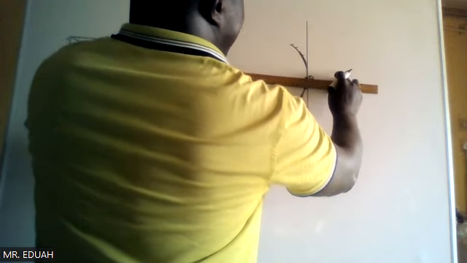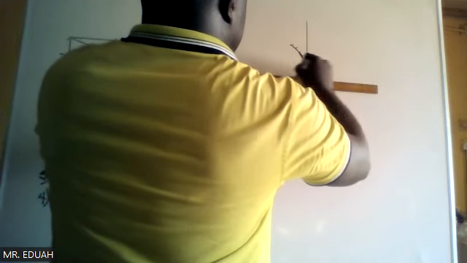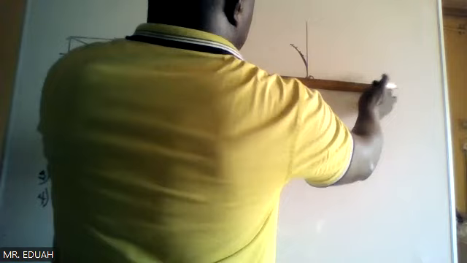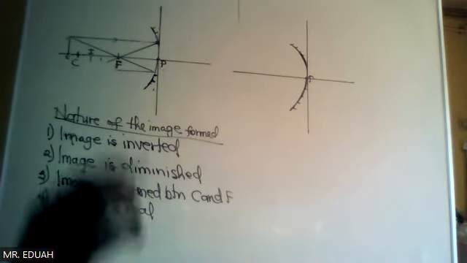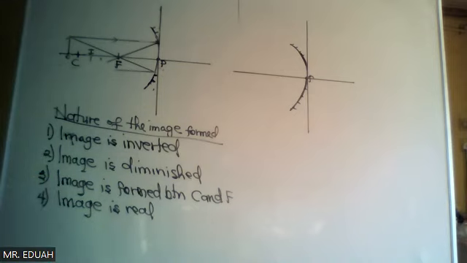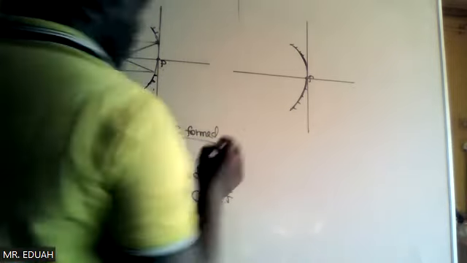Please don't be an observer. Be a participant and try drawing too. As for convex, we don't have a problem. You realize that as for convex, it's not so troublesome.